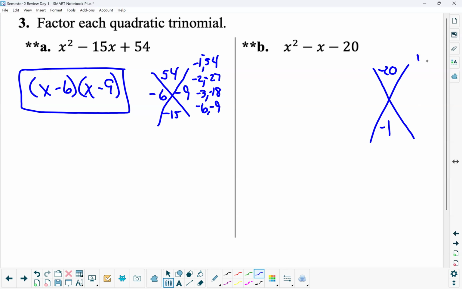So we could try 1 and -20, 2 and -10. 3 doesn't work. 4 and -5, and that's the one that adds to -1. So our factors are x plus 4, x minus 5.